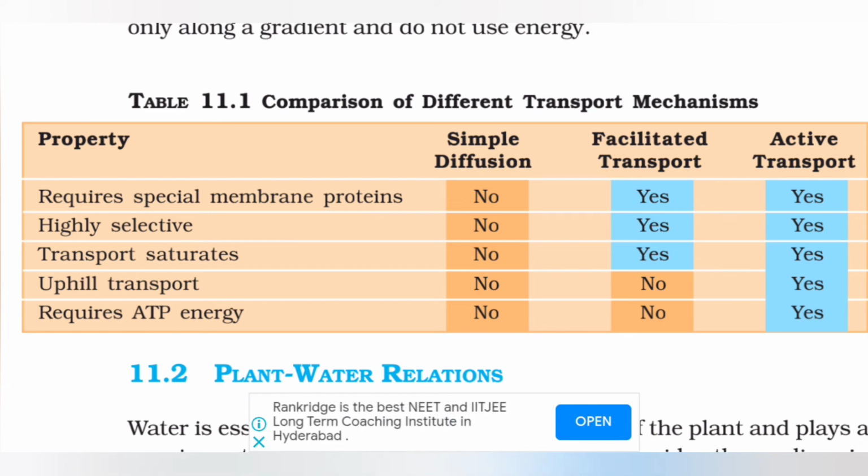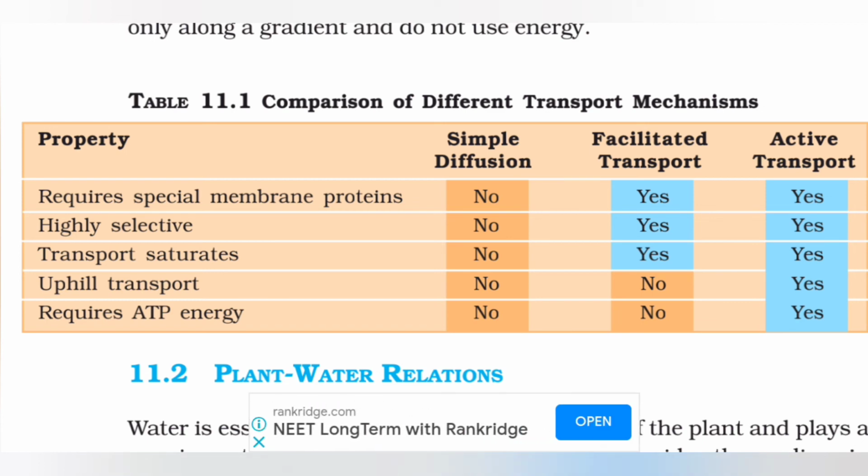Some common characters are selected here, and they are shown: whether they are saturated, whether they respond to inhibitors, whether they require energy, whether they are uphill or downhill reactions, and whether they are under hormonal regulation. All of these are compared in the transport mechanisms. Now let us see how they are.